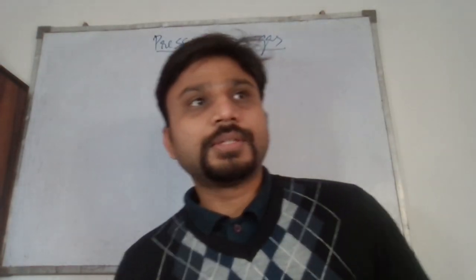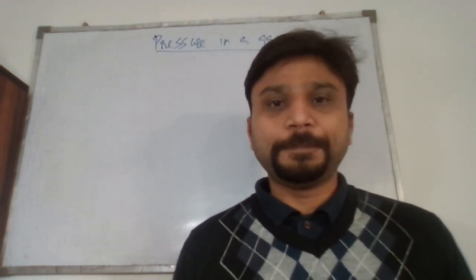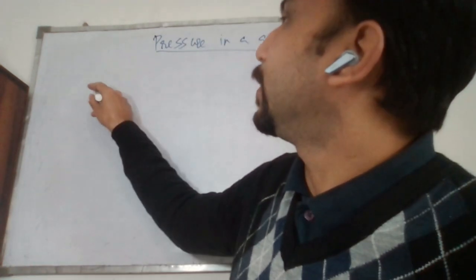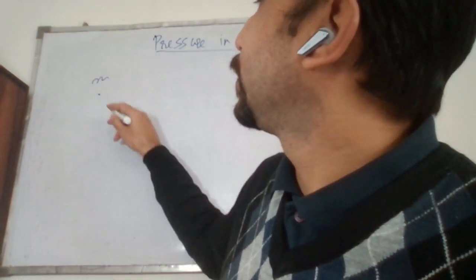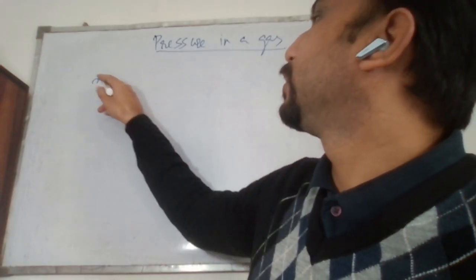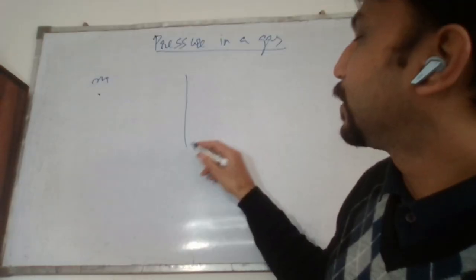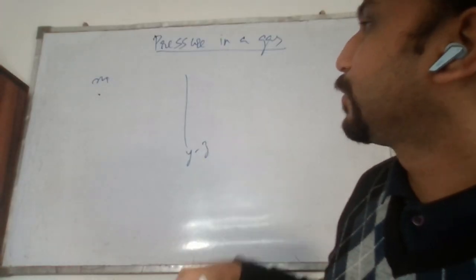Okay, now we are talking about what is the momentum of a particle. Let's say the mass of the particle is some m, and it is moving in the x direction towards some wall, which you will see in the animation, towards some yz plane.